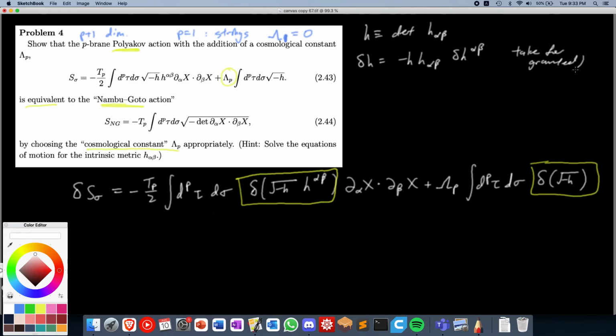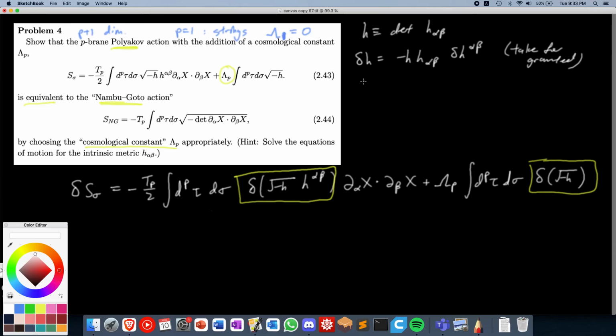You can work through it, it takes 1 or 2 lines, I believe. From this we can take the variation of the square root of minus h, and we use the chain rule to give us 1 over 2 square root of minus h, and then the variation of h.